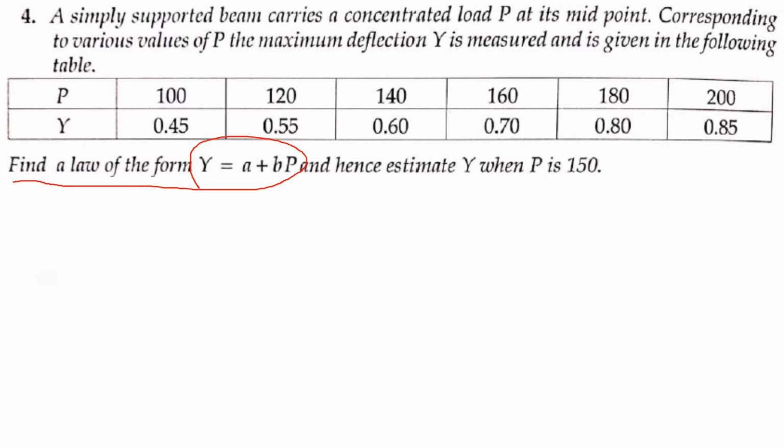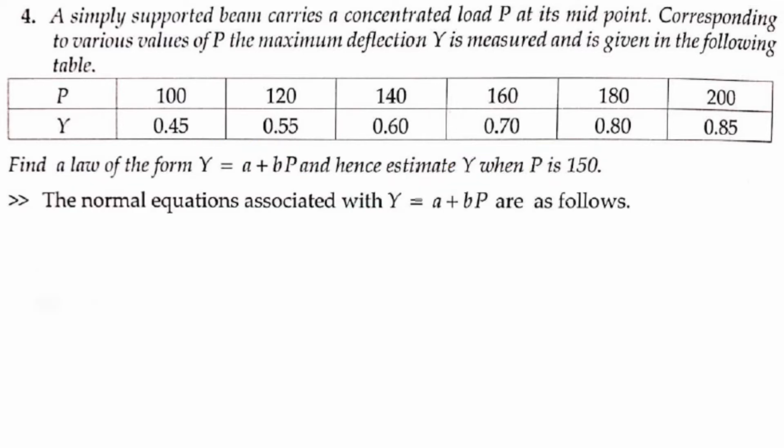After finding the relation, they are asking to hence estimate the value of y when p is 150. So to find an equation of this form, first we need to find the values of a and b using the normal equations. Let us consider the solution.